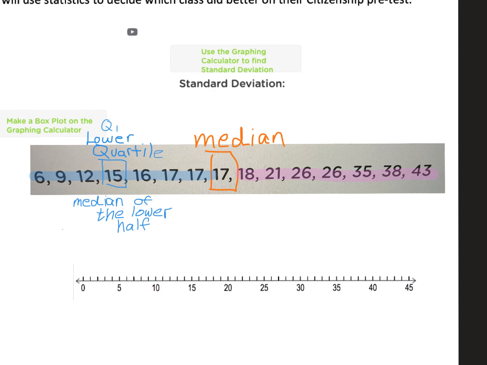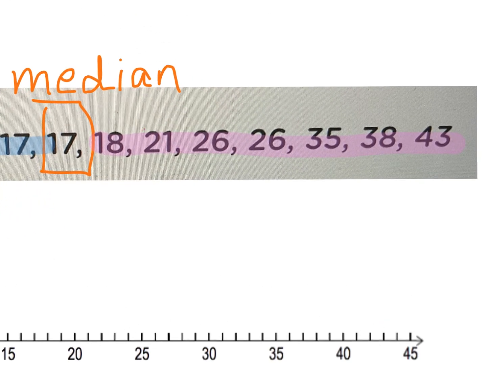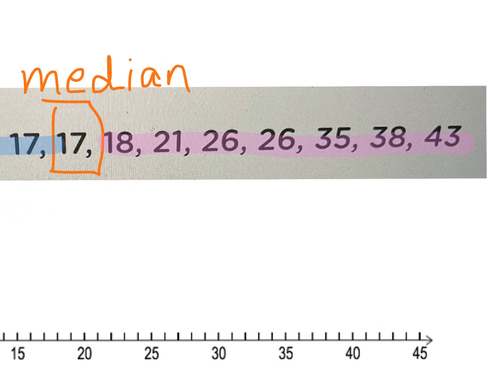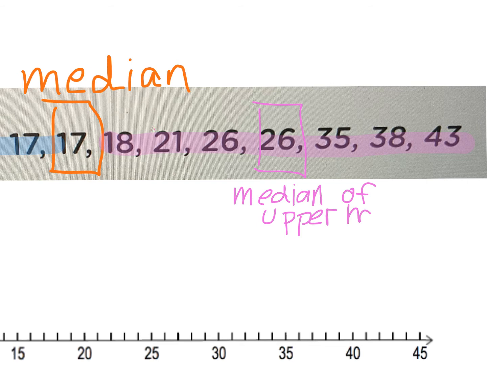We found the median of the lower half. Now we need to find the median of the upper half of that data. What number is in the middle? 26. Great, yep. So this is our median of our upper half of the data.